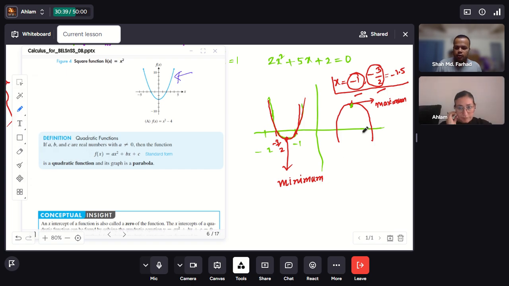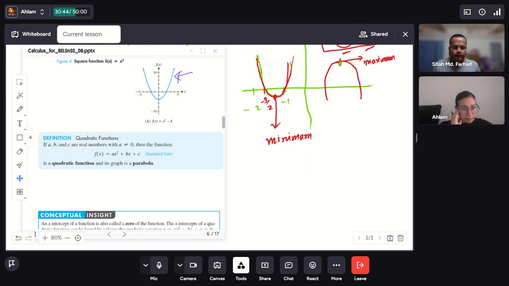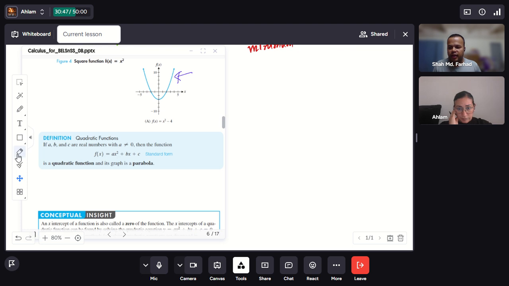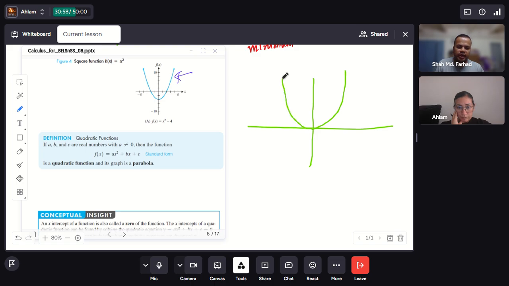Okay, so now if we analyze the graph, this is y equals x squared. This point is the vertex point, at which we will get the minimum value of this function, right?